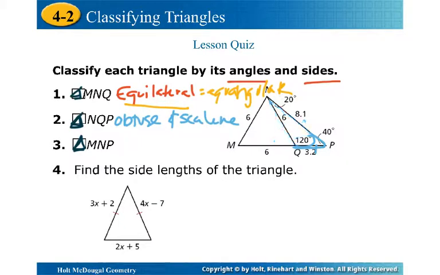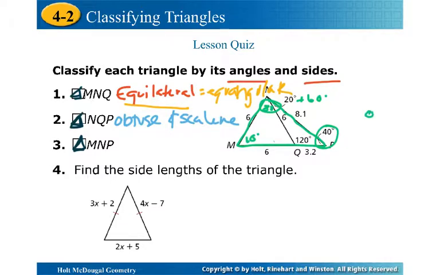Alright, then the last triangle we're trying to look at is MNP, so that's this larger triangle. And from our previous triangle, we know this degree is 60. This over here is 40, and then this one up here is going to be 20 plus 60, so 80 degrees.